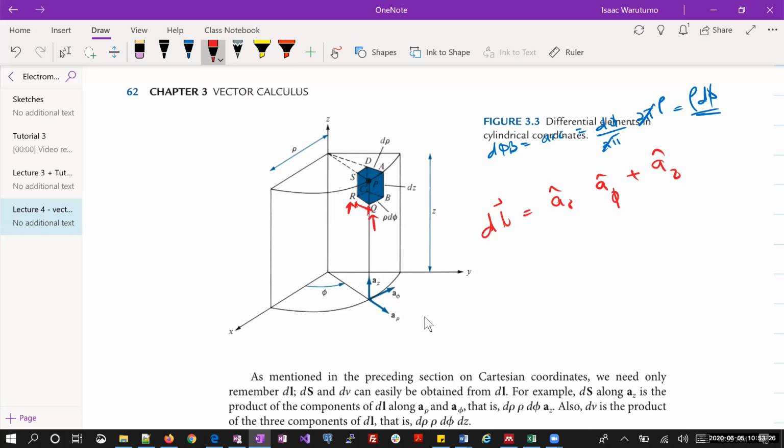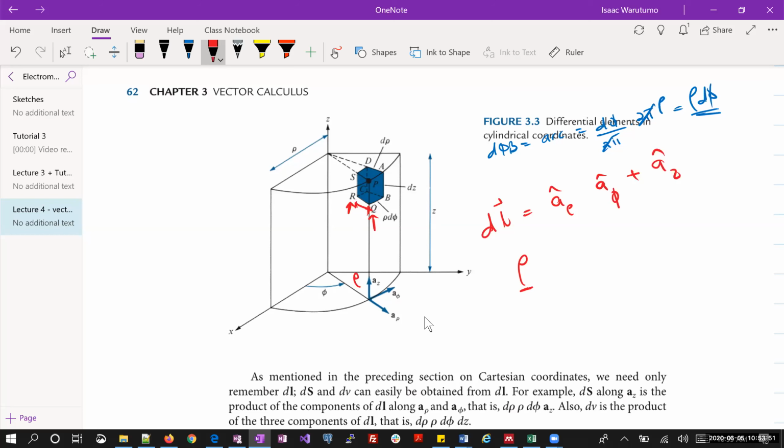You can see that the radius of the cylinder is expressed as, oh sorry, this is not AR. This is supposed to be A rho. So this is how we express the length. The radius of the cylinder is rho.